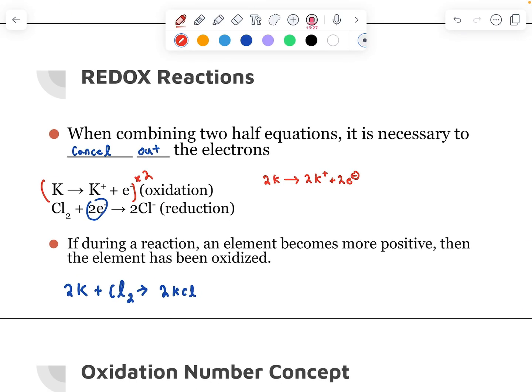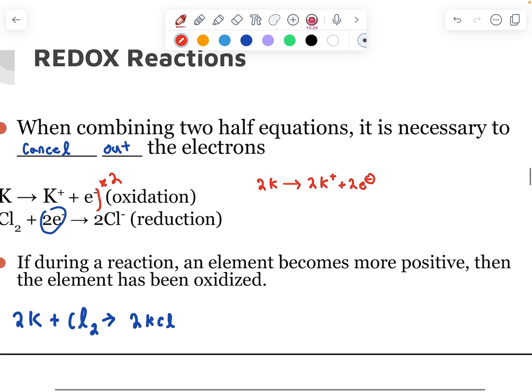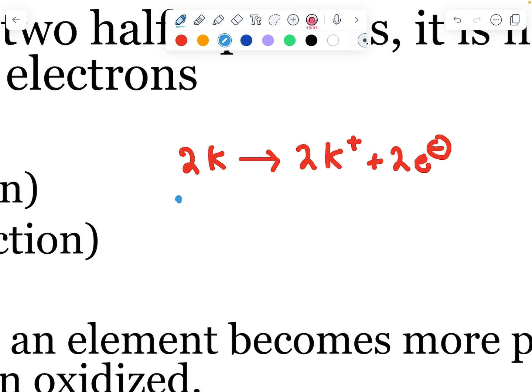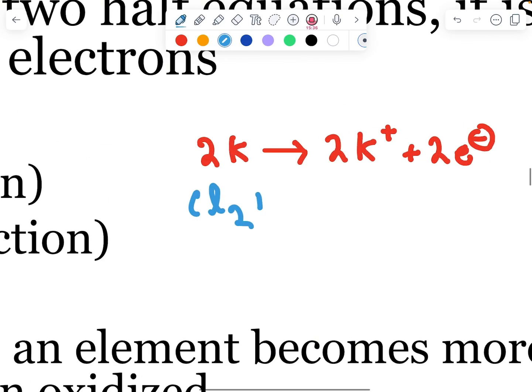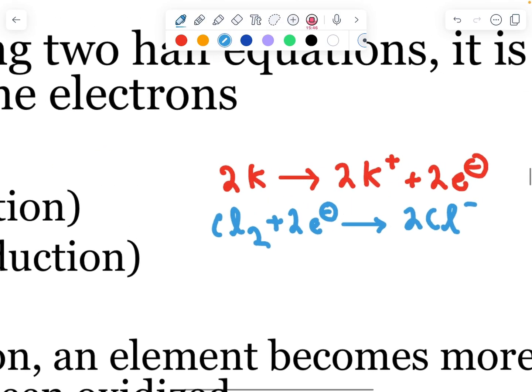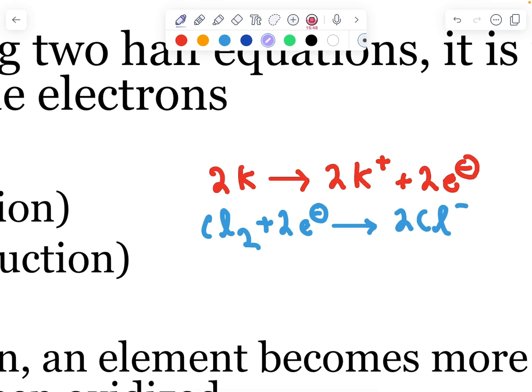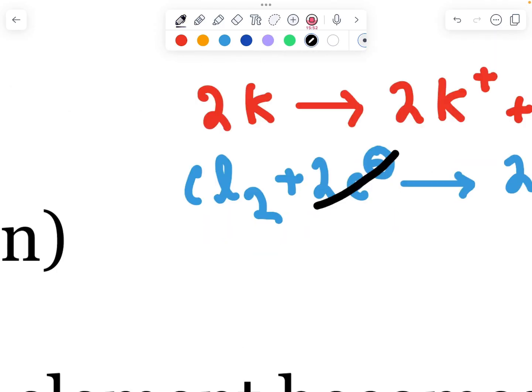And then for this, we're going to keep the chlorine the same and say Cl2 plus 2 electrons, because there's really 2 chlorines here because it's diatomic, is going to yield our 2Cl negative. And we need to make sure that our electrons are on opposite sides of the equation, and they are. So we have this and this, they cancel out when they're on both sides.